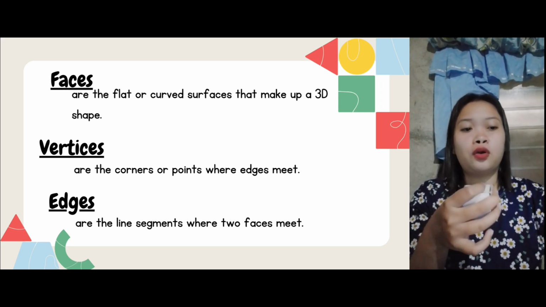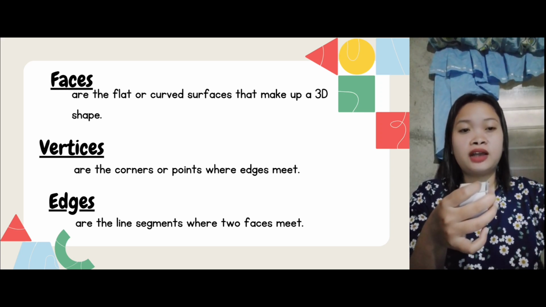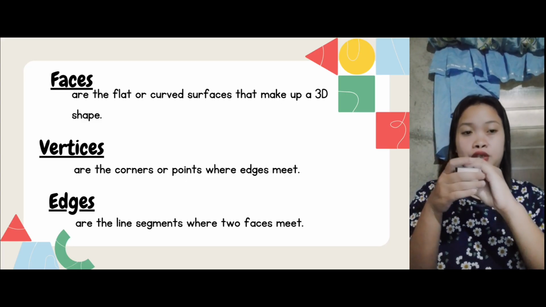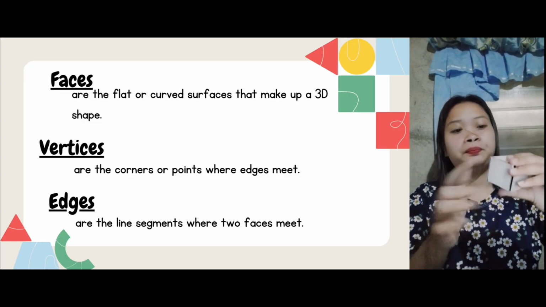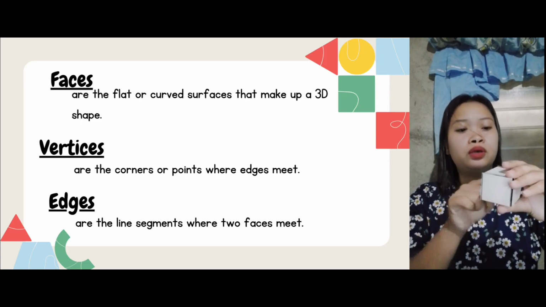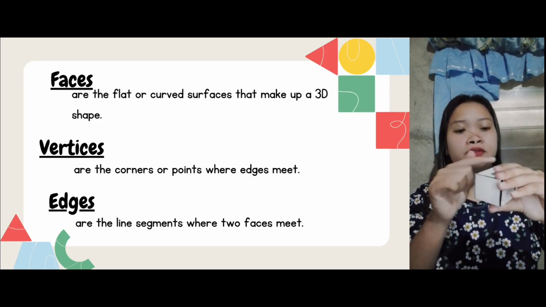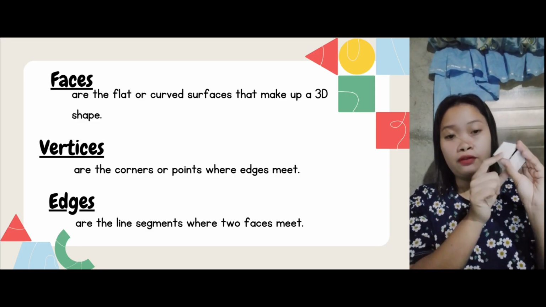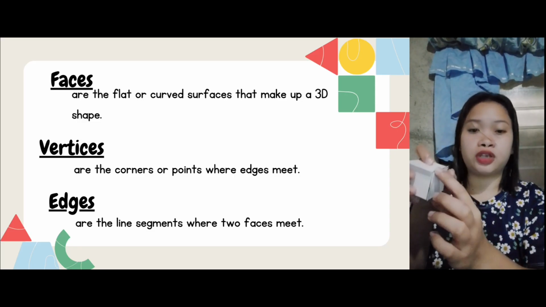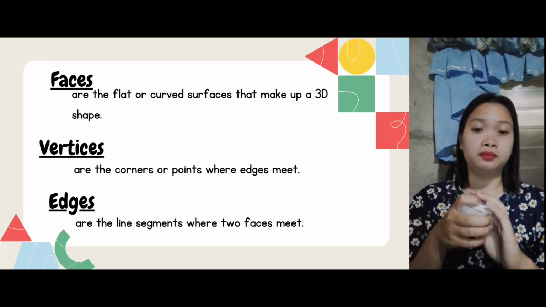So, karon ihapon nato pila ka edge ang naa sa cube. So, di ba mao ni siya ang edge? So, let's count. 1, 2, 3, 4, 5, 6, 7, 8, 9, 10, 11, 12. So, naay 12 ka edges ang cube. Okay.